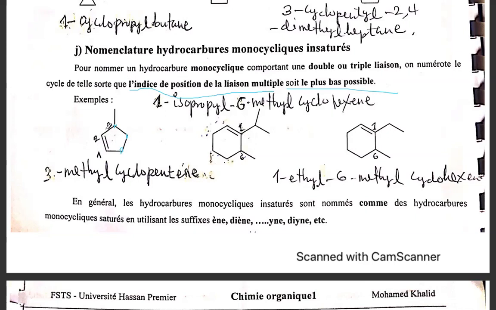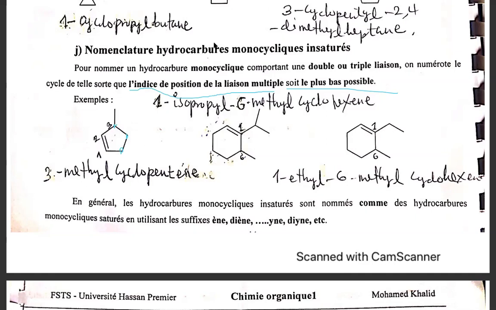So if you were going to start from here, 1, 2, 3, 4, 5, you're going to have position number 1 and 5. Then if you start from here, 1, 2, you're going to have 1 and 2. Therefore, the one that you start counting from here will have the highest indices as compared to the one that you start counting from here to this position.